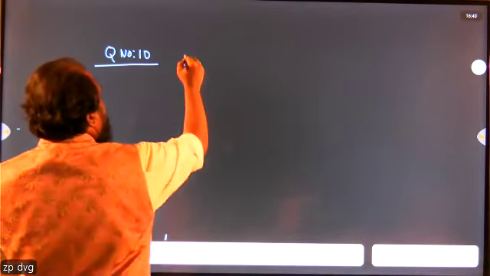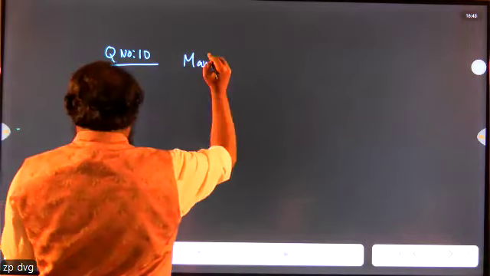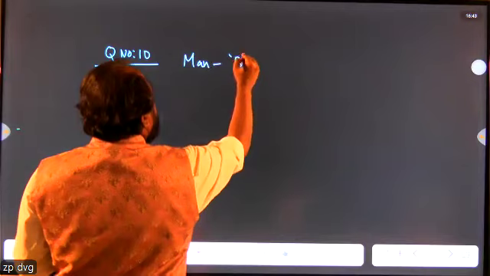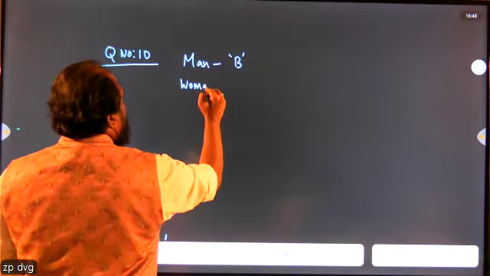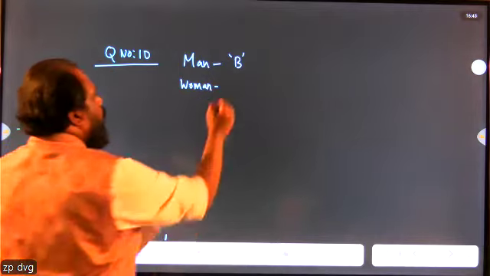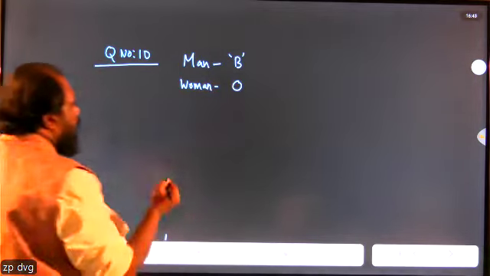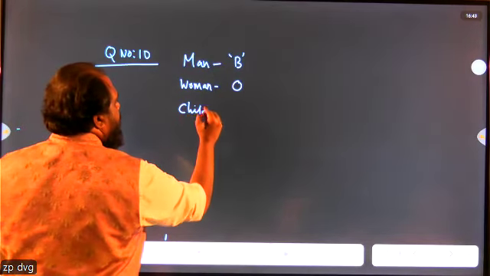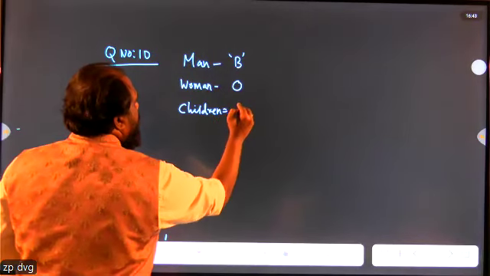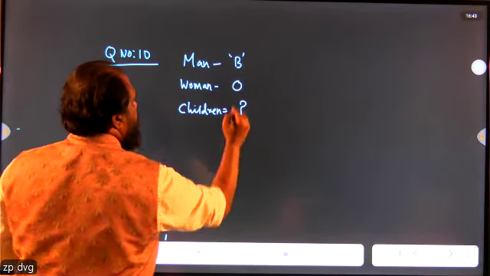They're saying ABO blood group. A man is having B blood group and the woman is having O blood group. Question is, what will be the blood group of the children? Okay, so two conditions are there.